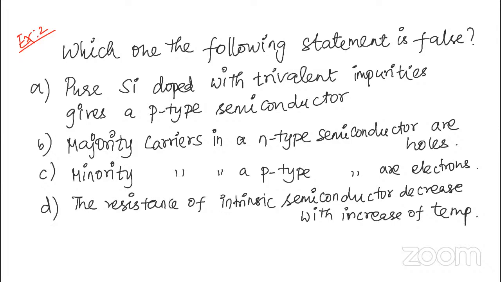Electrons have a negative charge and holes have a positive charge, so P represents the holes. In P-type, the majority carriers are holes and the minority carriers are electrons. So it is clear. You have to remember this, and with this you can mark the correct answer.